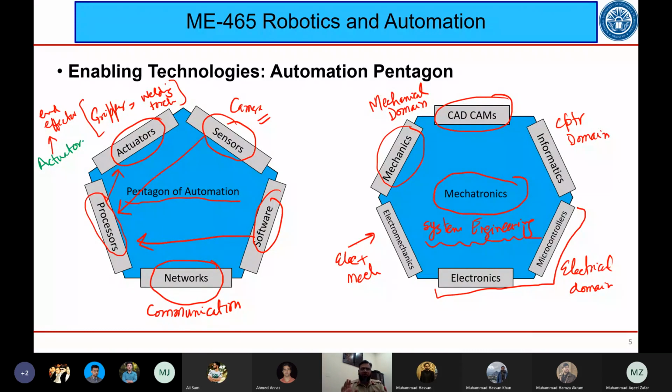If we discuss what type of systems our cars have these days, no car at the moment in the world, or even in Pakistan, is purely mechanical or purely electrical.